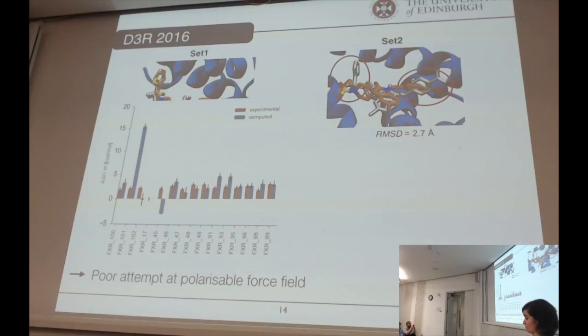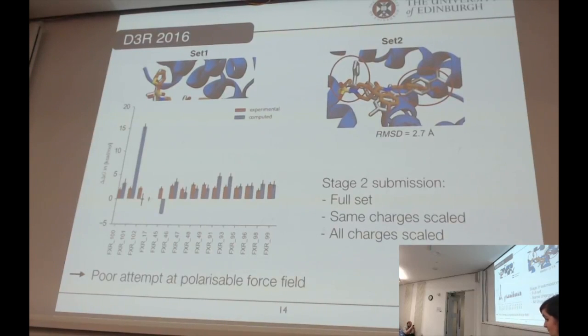With the release of the crystal structure, the second set of submissions was much better in the sense that we now had a better binding pose. And again, we had a full set, and then same charges scaled and all charges scaled in our poor man's attempt by slowly changing the charges.